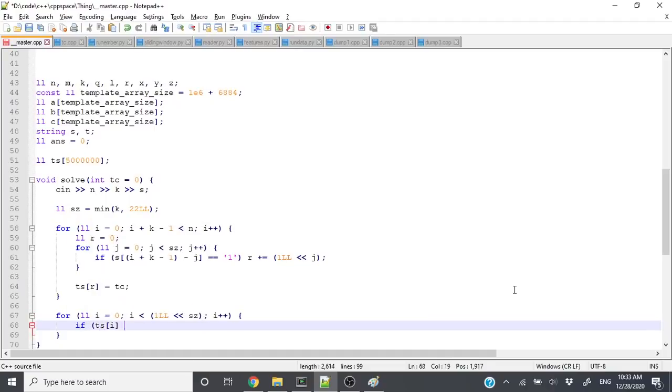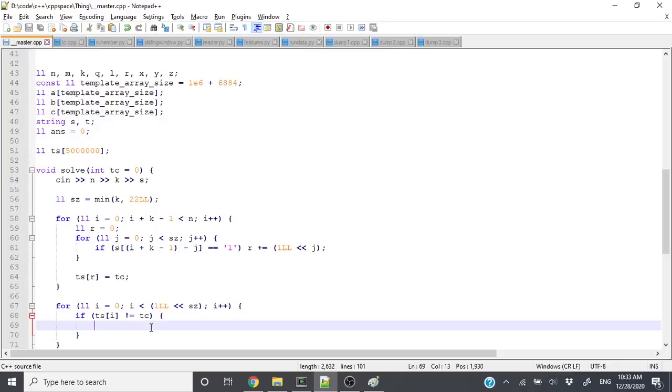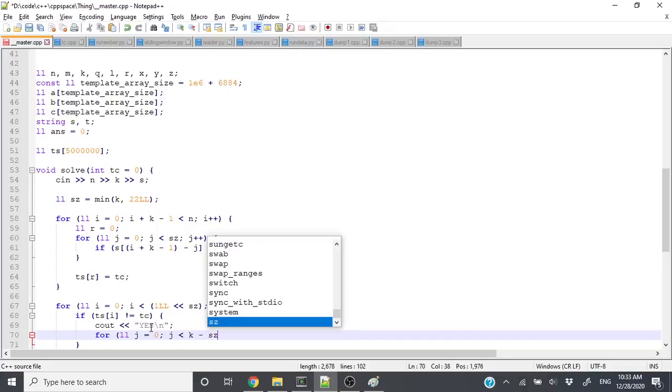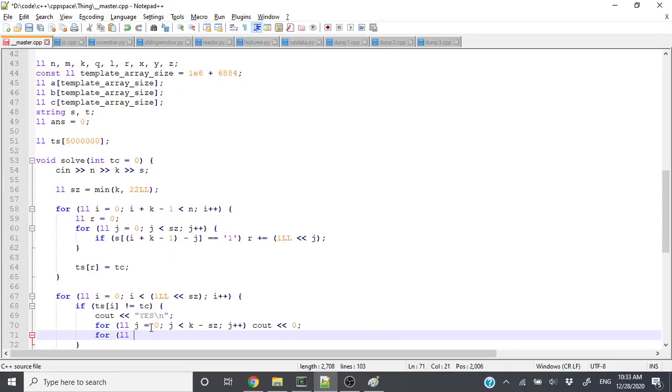If ts[i] is not equal to the current test case, then we're good. j is less than, how would this work? j is less than k minus size, j plus plus, then everything's a 0.